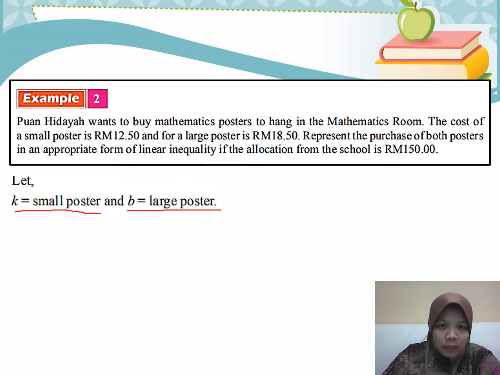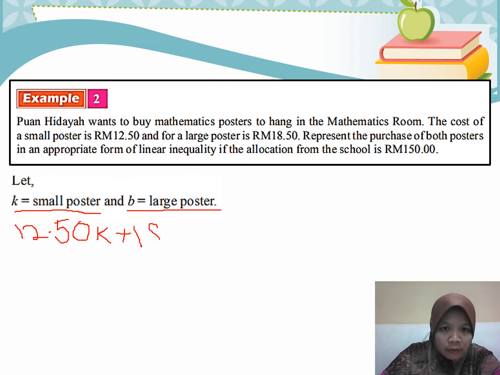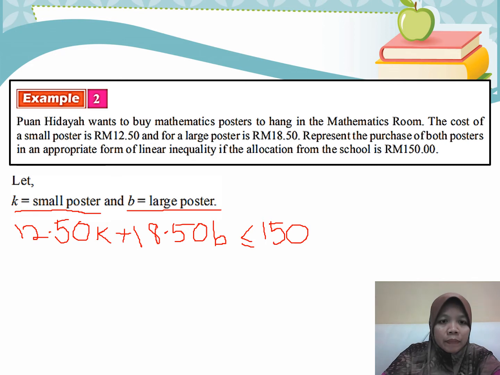So we can write 12.5K plus 18.5B less than or equal to 150. Normally when we write the inequality, we must write in whole numbers.